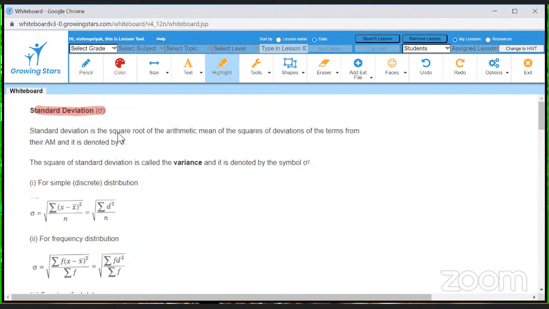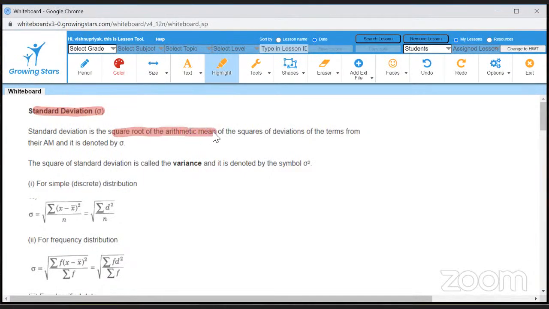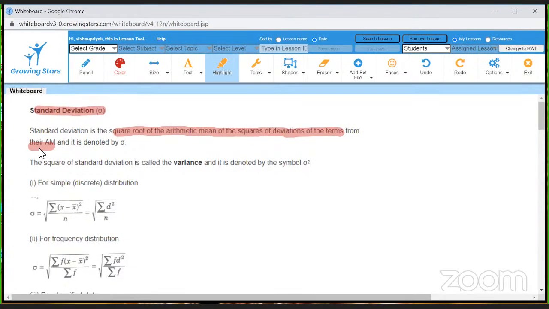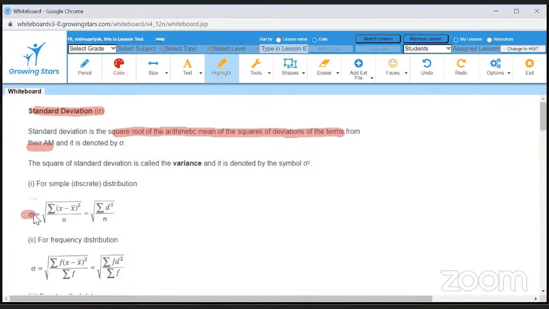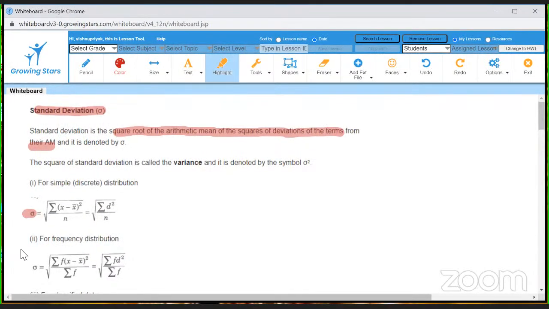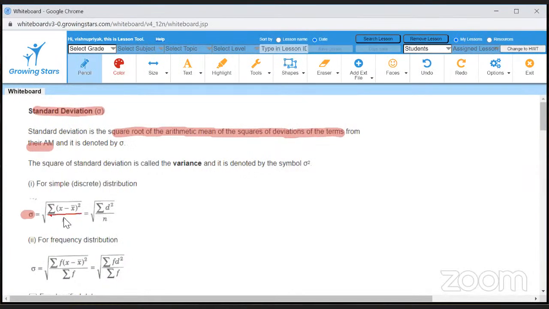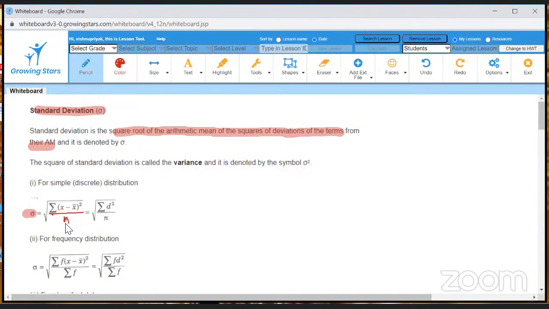And it is the square root of the arithmetic mean of the squares of deviation of the terms from their arithmetic mean. Arithmetic mean, that's why we are dividing by total number of observations n.